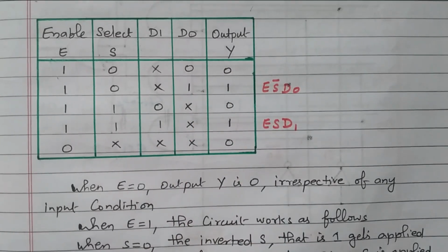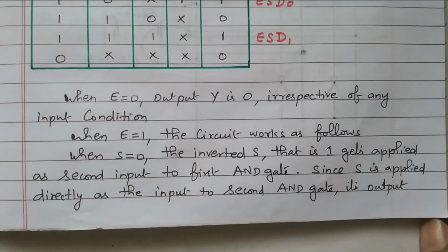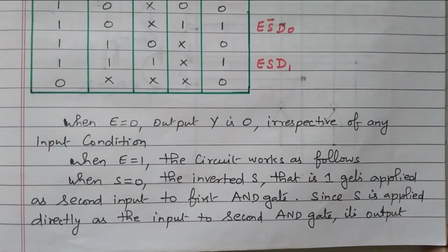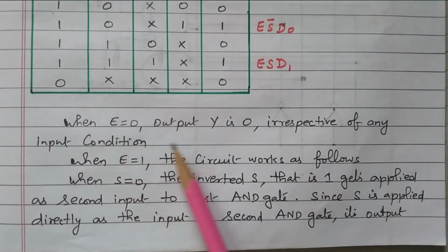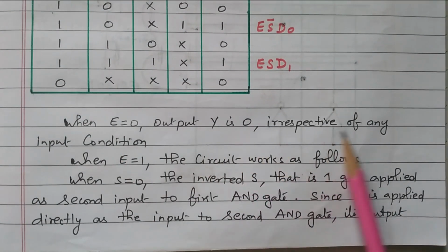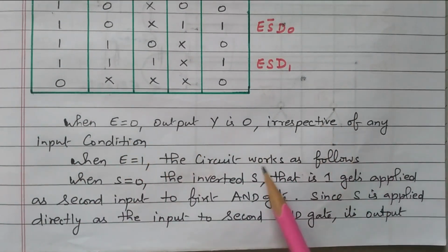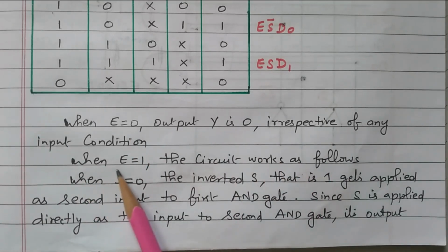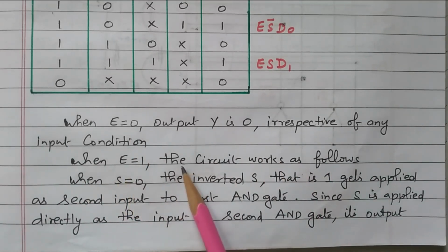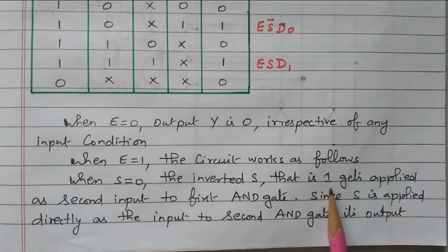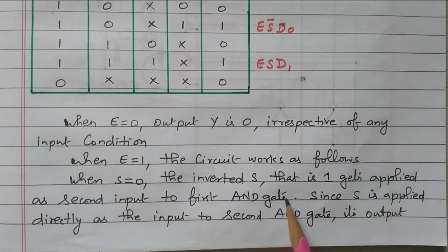Now we'll see some description. When E is 0, the output is 0 irrespective of any input condition. Enable is 0 means all outputs are 0. When E equal to 1, the circuit will work as follows. When S equal to 0, the inverted S, that is 1, gets applied as the second input to the first AND gate.